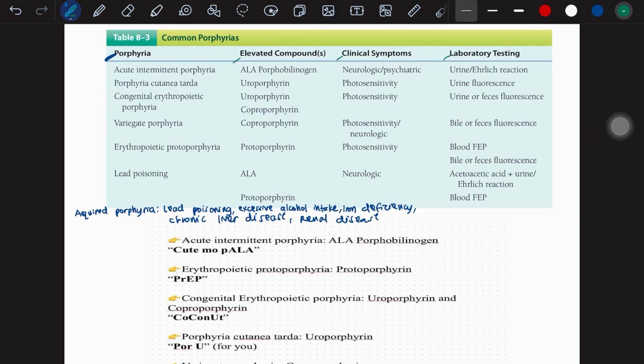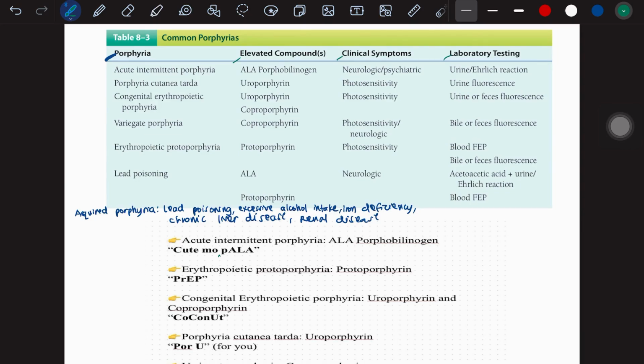So we have here mnemonics to help you remember the elevated compound in certain porphyrias. First is your acute intermittent porphyria, which is ALA and porphobilinogen. How to remember acute? "Cute mo pala."